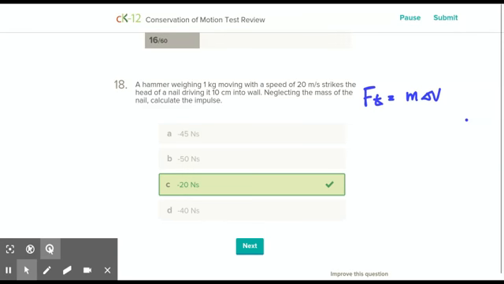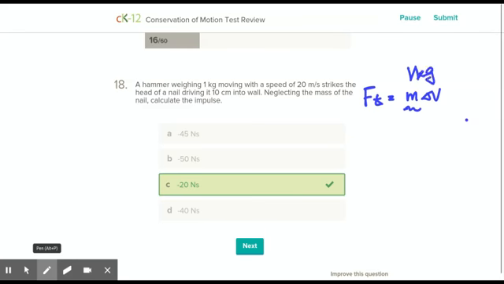So it's more like a concept question. Here, since we have the velocity and we also have the mass of the hammer, the mass of the nail is neglected. So the only mass we have is 1 kilogram. Then delta v is final velocity minus initial velocity.